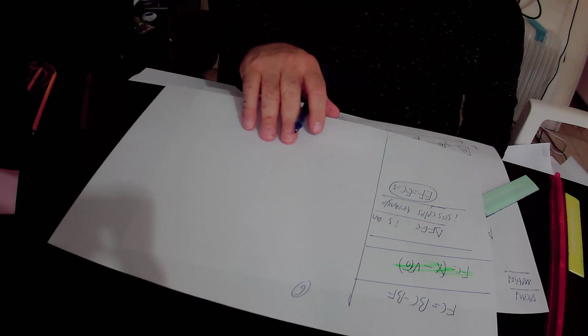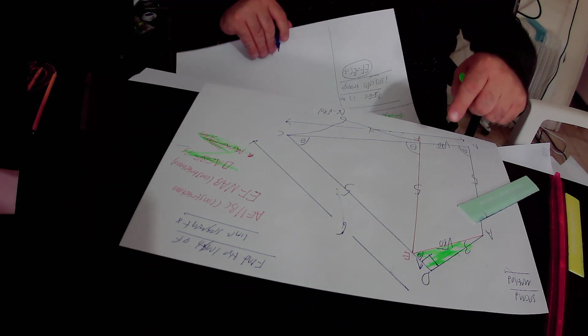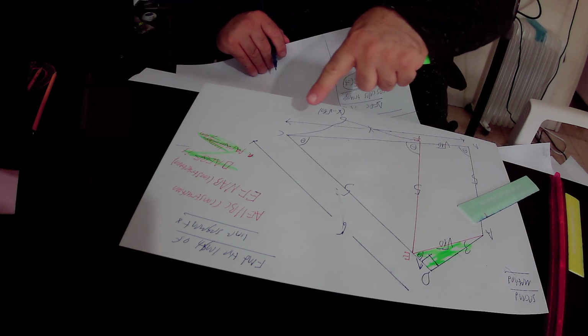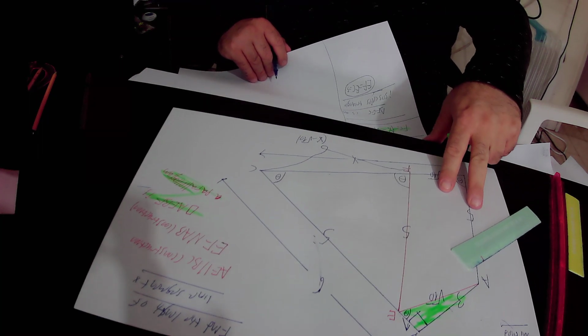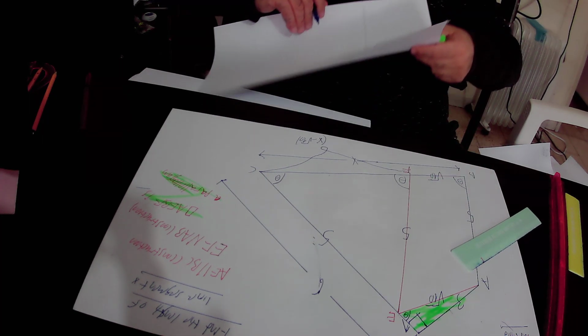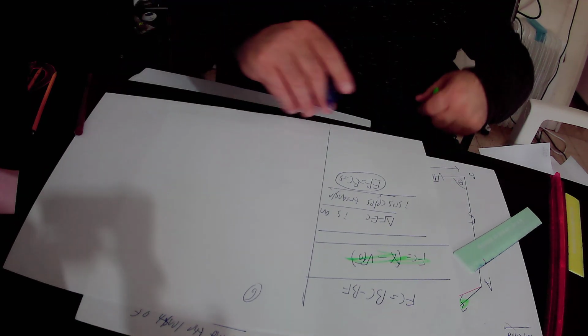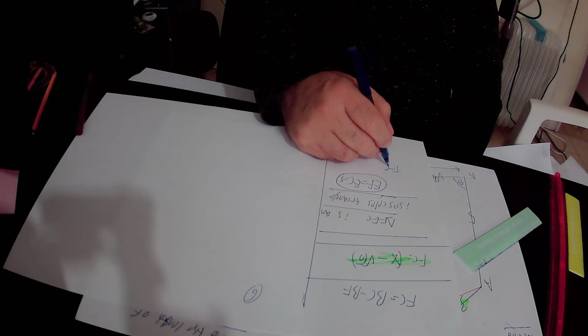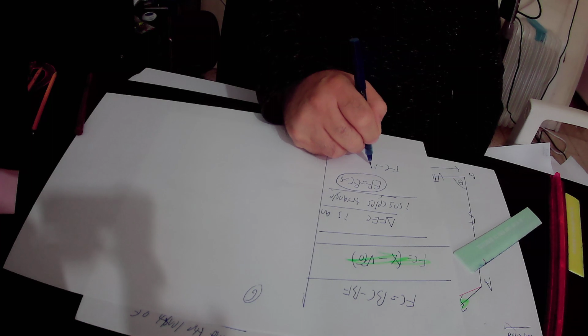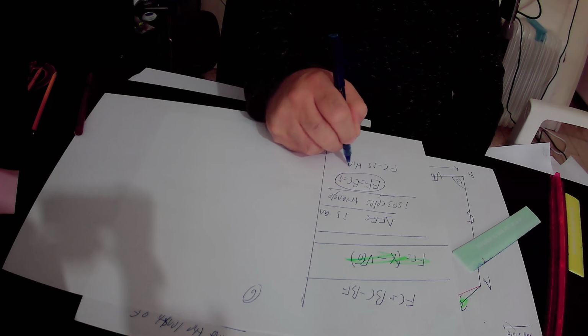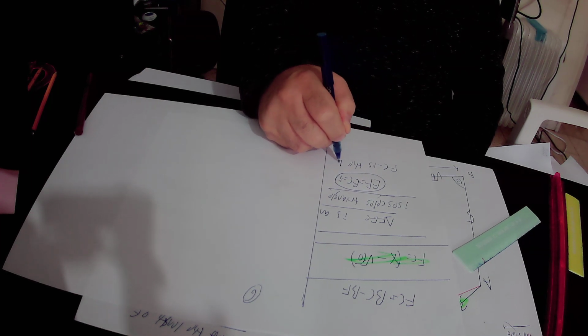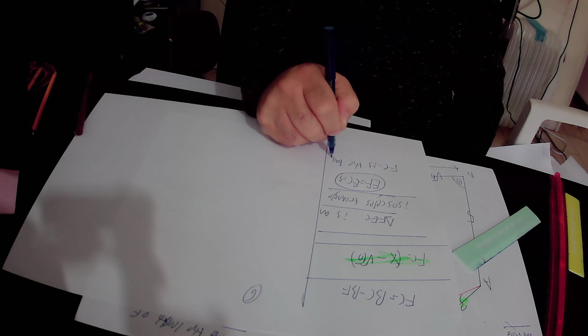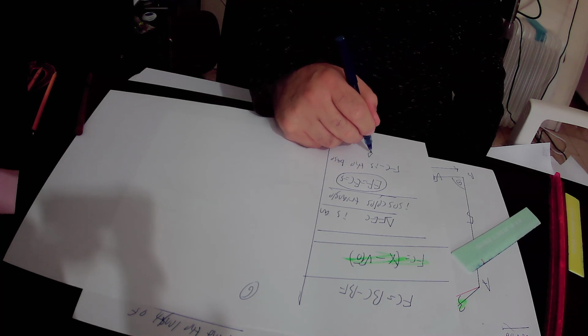And the base of the isosceles triangle EFC is FC. FC is the base of the isosceles triangle EFC.